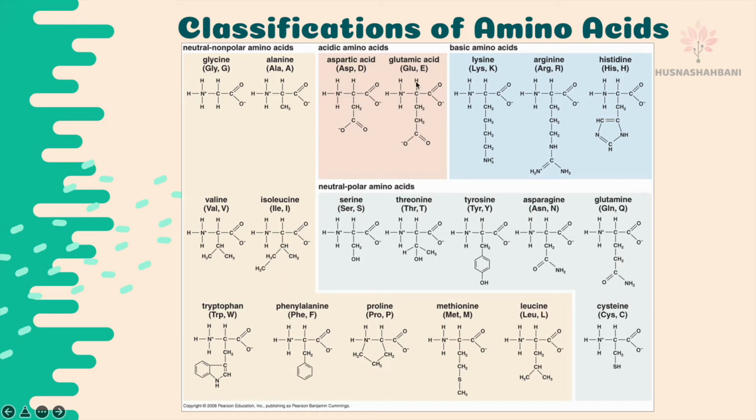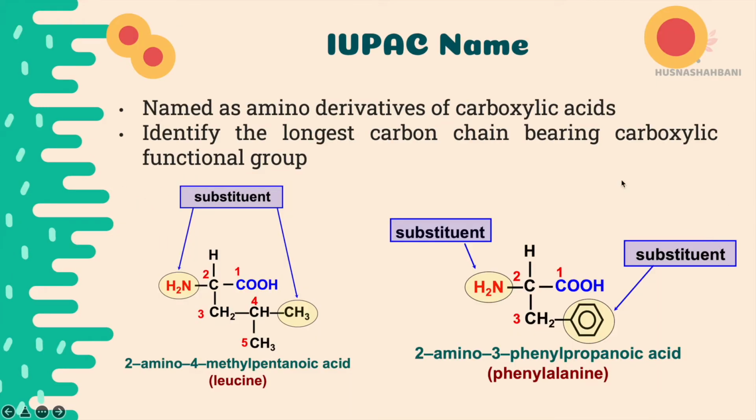It can be anything as long as it has an alpha carbon, carboxyl group, amino group, and hydrogen, and we call it an amino acid. The IUPAC name is amino derivatives of carboxylic acid.